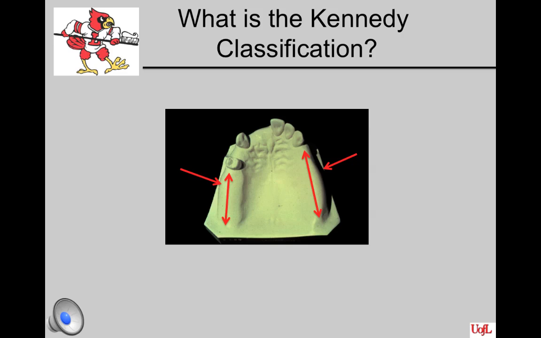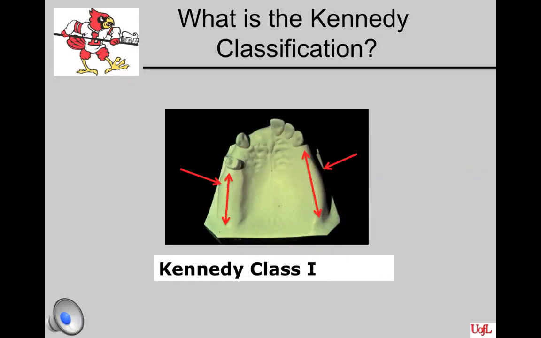And that is what Kennedy classification? Kennedy class 1. All right, we also have two other areas that are edentulous areas that do not determine the classification, called modification spaces. So if we put this all together, what have we got? We have a Kennedy class 1, mod 2.